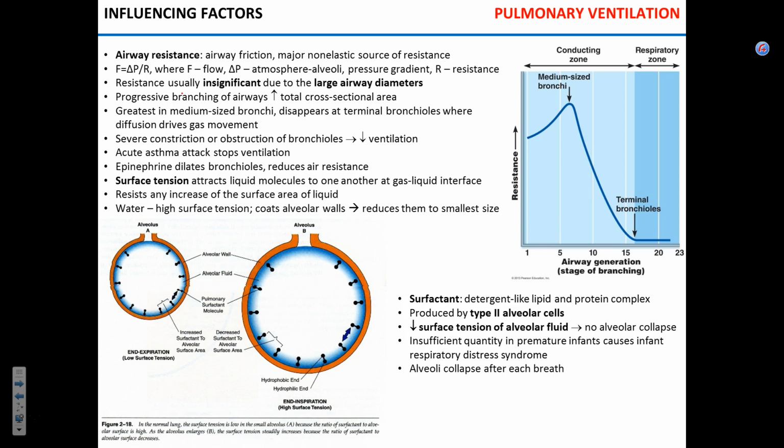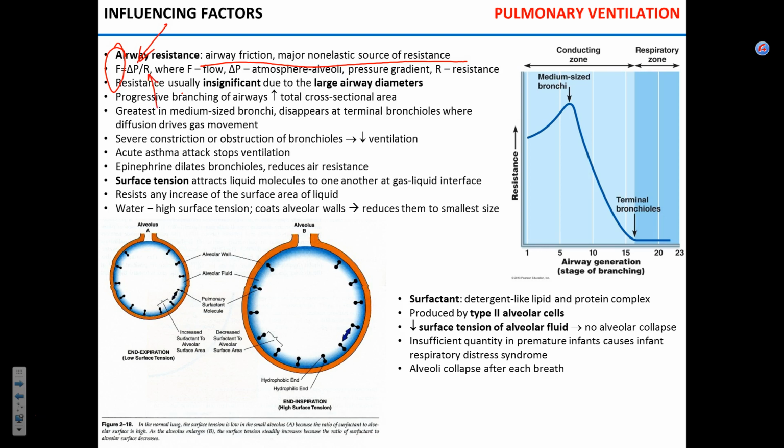But this time, it's not blood, it's a gas. So friction is the main source of resistance. Okay? And the same equation can be applied, showing that flow of air is directly proportional to the pressure and inversely proportional to resistance.